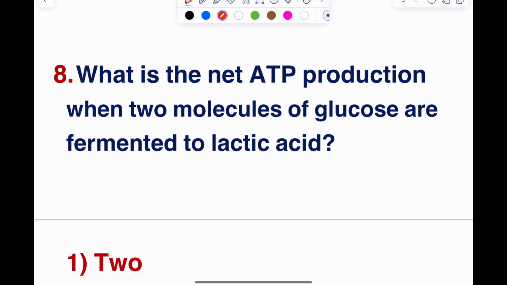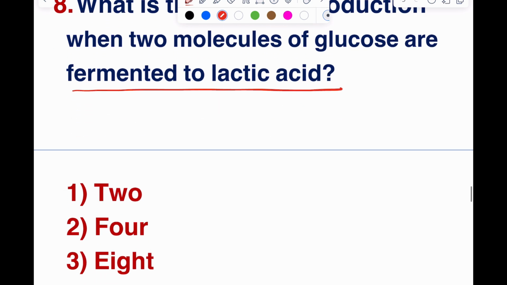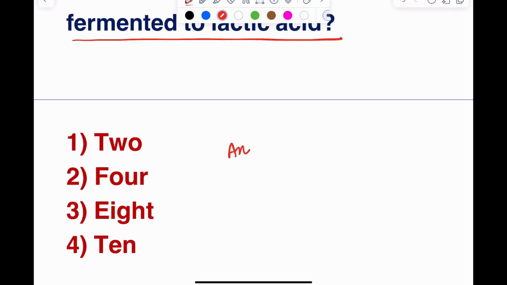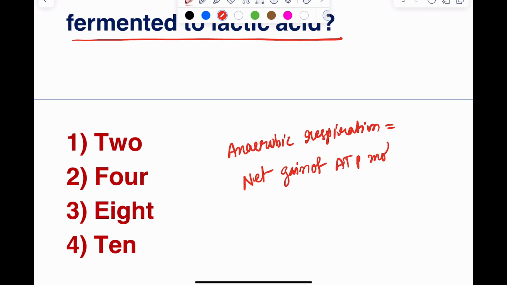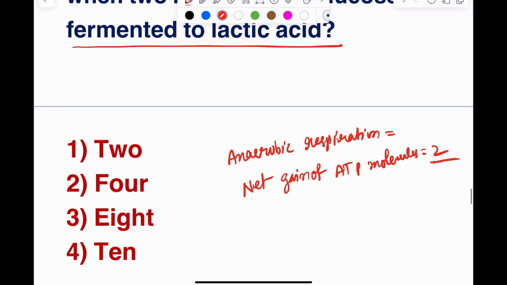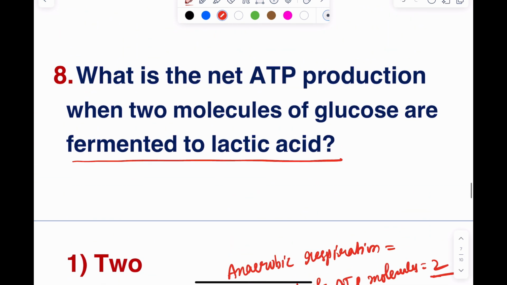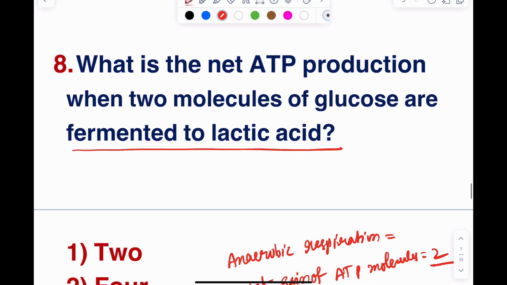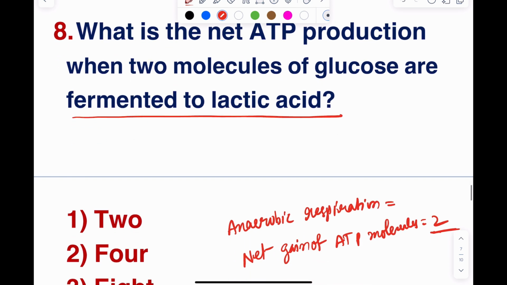What is the net ATP production when two molecules of glucose are fermented to lactic acid? In anaerobic respiration, net gain of ATP molecules is 2. Now, here two molecules of glucose are fermented to lactic acid.